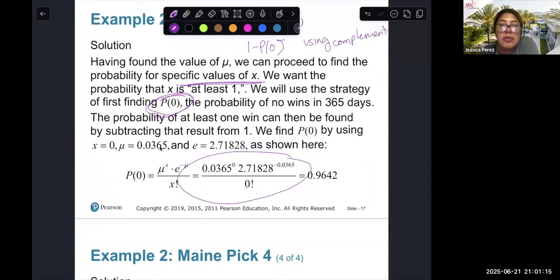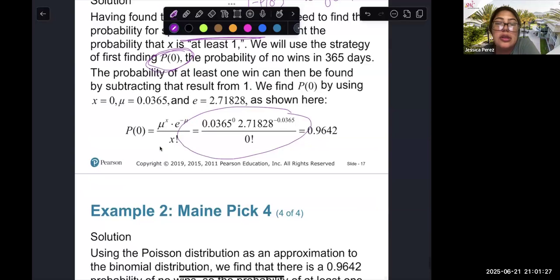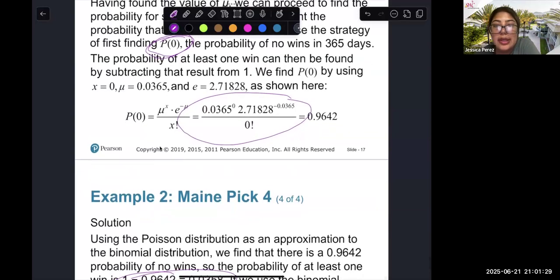So first we need to find the probability of 0, the no wins. The probability of at least 1 is 1 minus that probability. So when we plug in x being 0, remember 0 factorial is equal to 1. When we place this in our calculator, we get 0.9642. But this is not our answer.